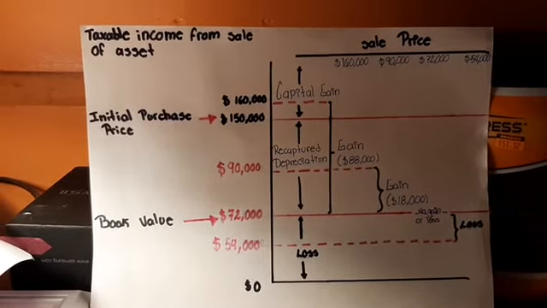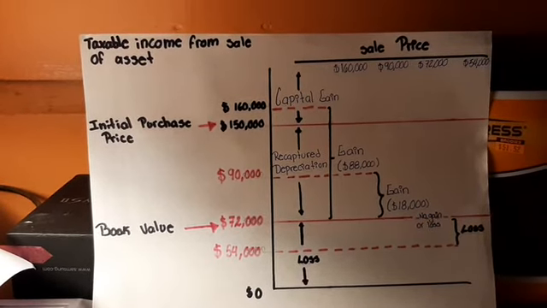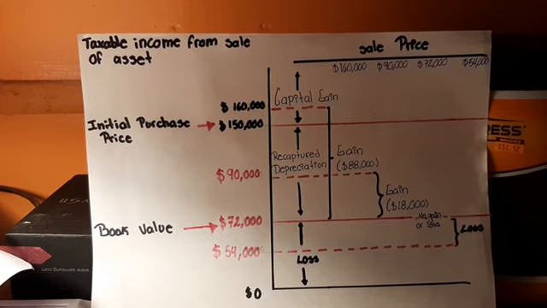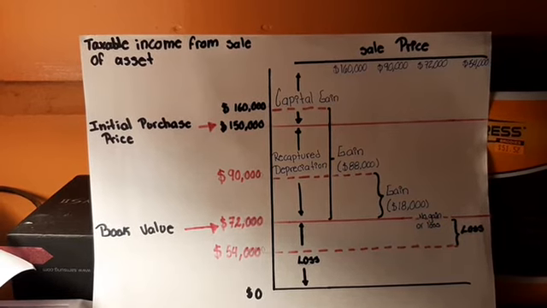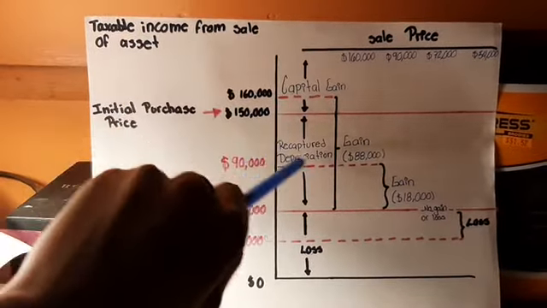The 10,000 capital gain and the 78,000 recaptured depreciation are under the 160,000 sales price. The total right here is situated in this part.